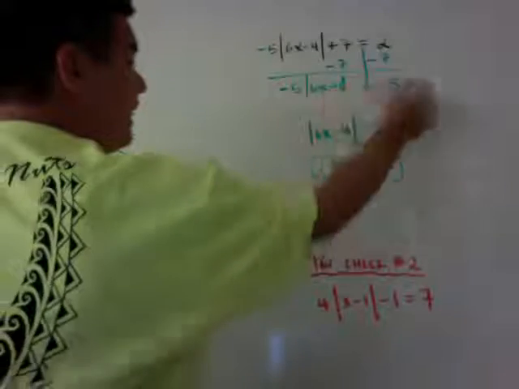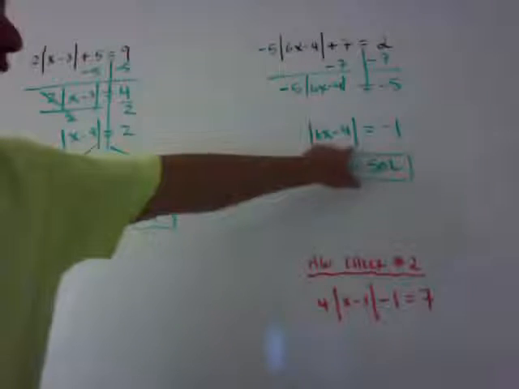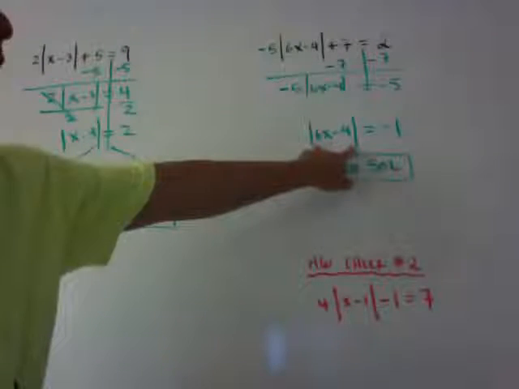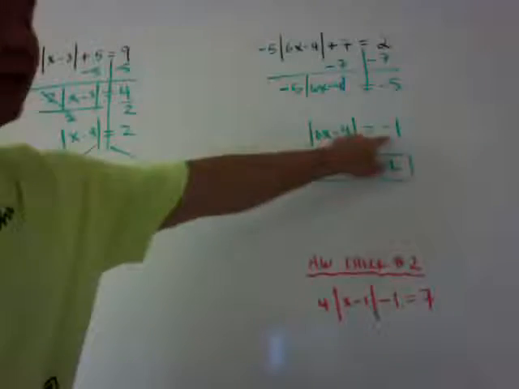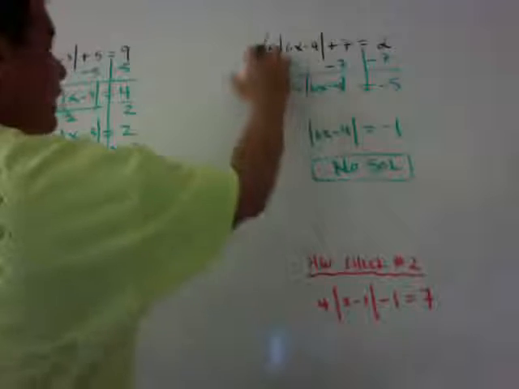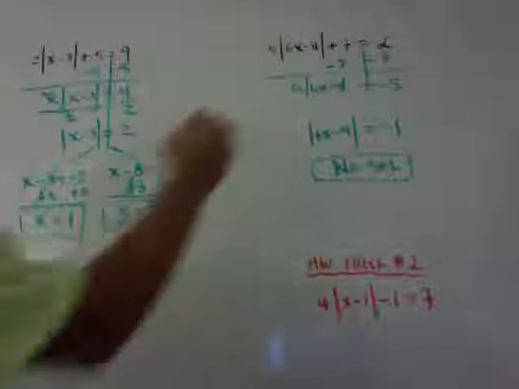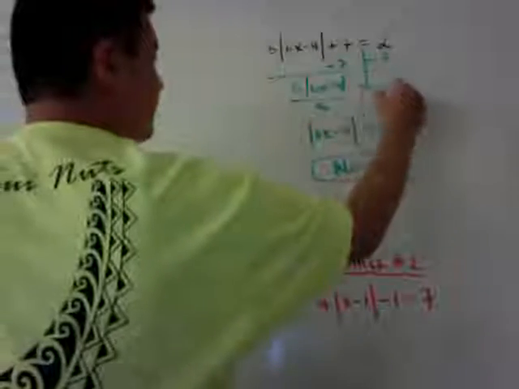When you divide by a negative, it would actually change it to a positive. So you have to isolate your absolute value first, and after you isolate it, if it equals a negative number, any negative number, it is no solution. On this one I divided by 5 to go back to what it looks like.